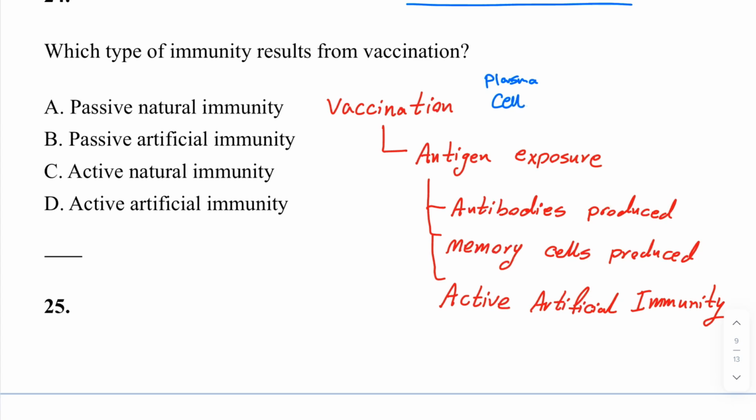When the body sees the vaccine for the first time, it produces two cells, antibodies and memory cells.